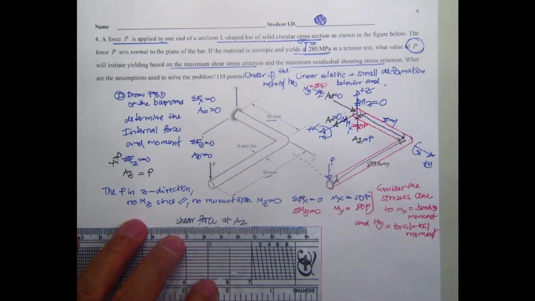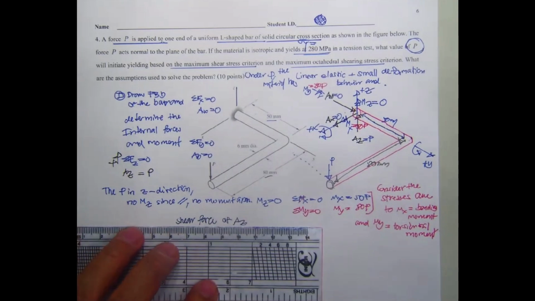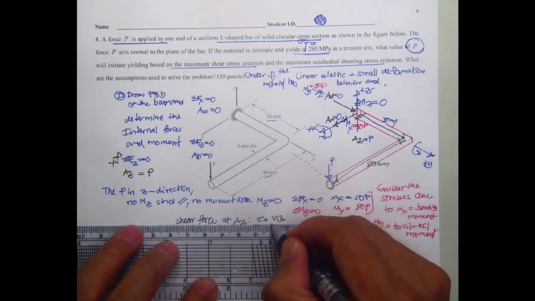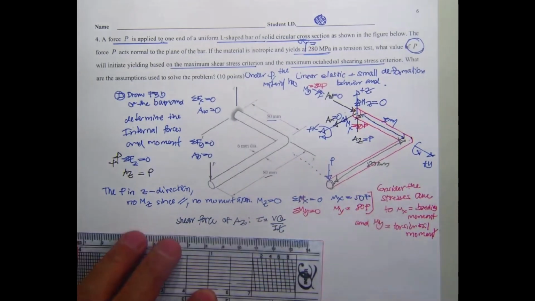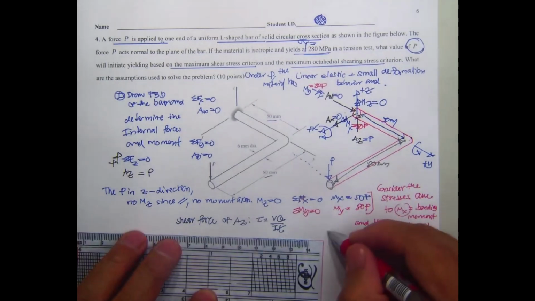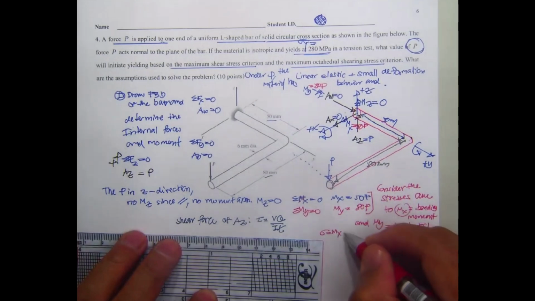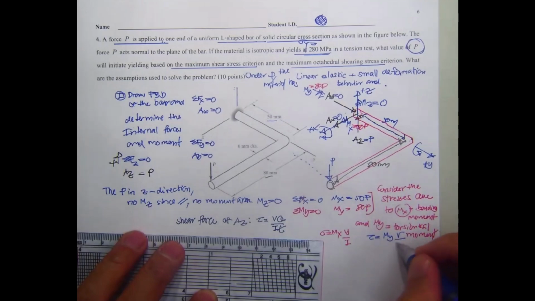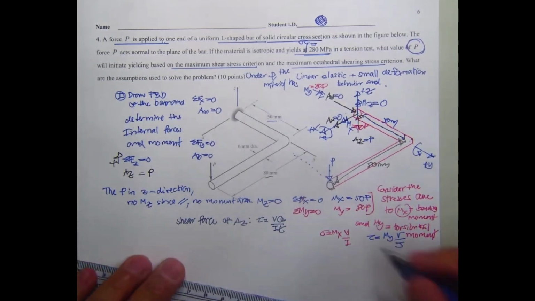Now, if you consider the shear force of A sub C, tau equal to VQ over IT. And for the M sub X, you will have sigma equal to M sub X times Y over I. And for M sub Y, you will have tau equal to M sub Y over J. We are going to have three equations.